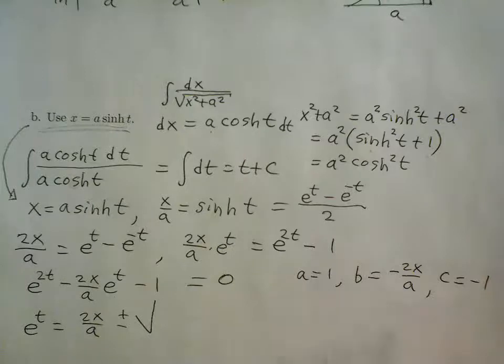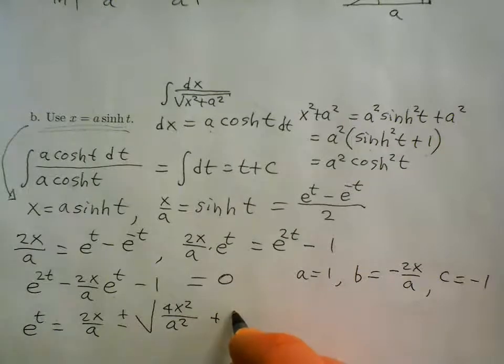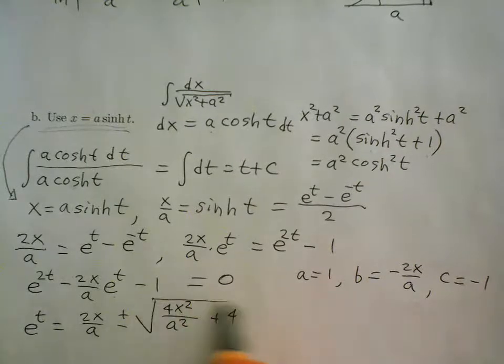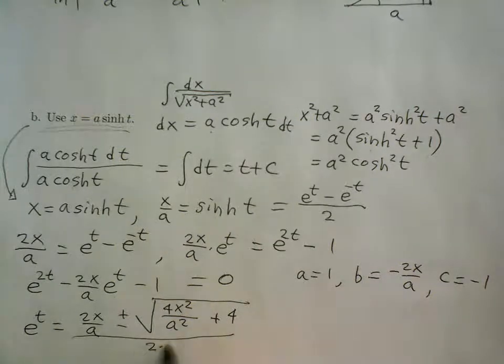So b squared, I'm going to square negative 2x over a to get 4x squared over a squared. And then minus 4 times 1 times negative 1, that's the same as subtracting negative 4, so I'm going to add 4. And then divide everything by 2a, or 2 times 1.